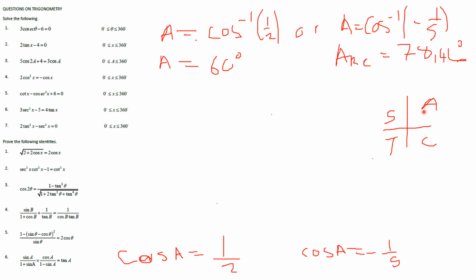So where cos is negative, our a can either be 180 minus the reference angle, which is 78.46, or it can be 180 plus, which is the third quadrant.